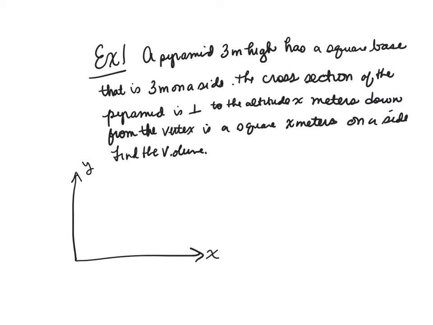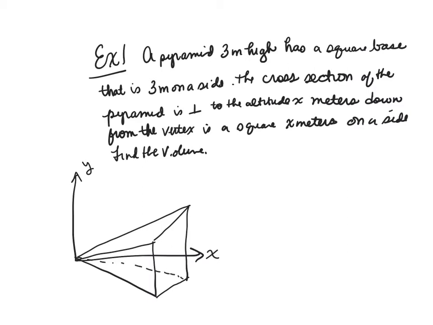So let's get a sketch. We draw our x and y axis. We draw what looks like a pyramid, and it has a square base. So notice I'm just going to now bring the vertex drops down to the corners, so I can get an idea of what the picture of this pyramid looks like.